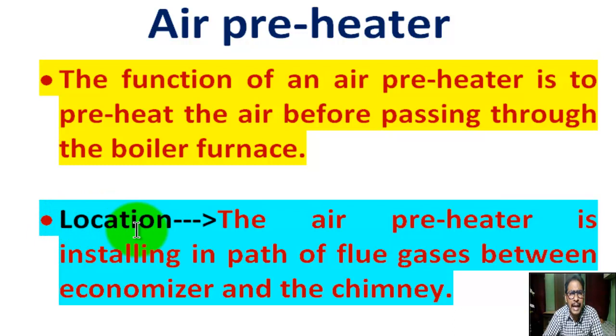Now, location of air preheater. The air preheater is installed in the path of flue gases between the economizer and the chimney.